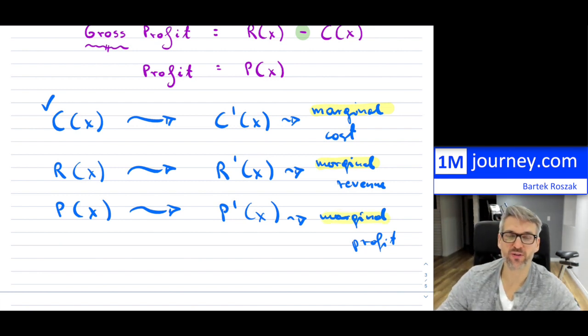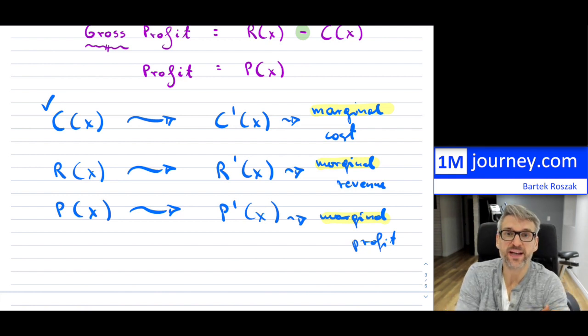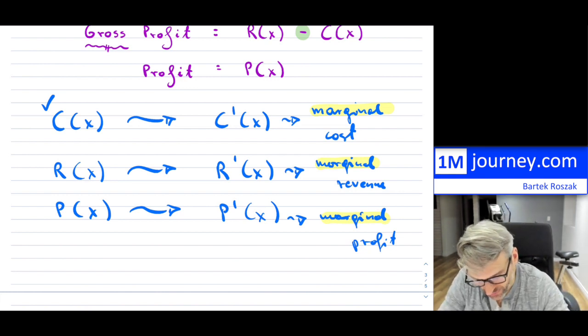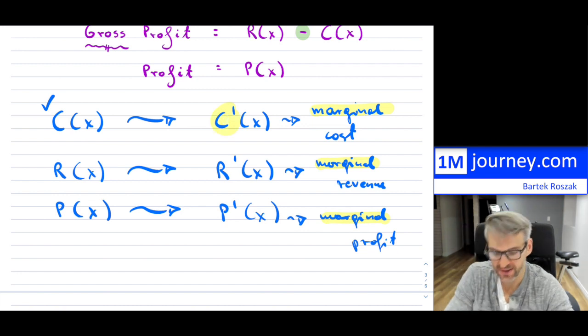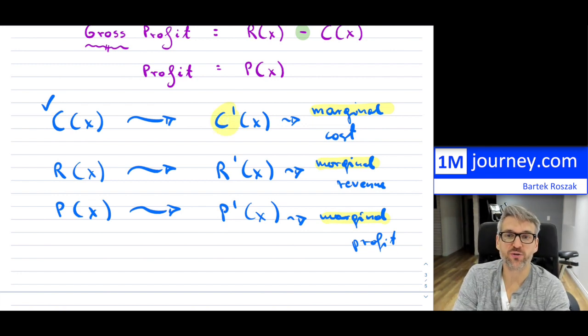And if you remember, the derivative is simply the rate of change. So here, it is the rate of change of your cost function. If you take the derivative and it's positive, that means your costs are going up per unit.